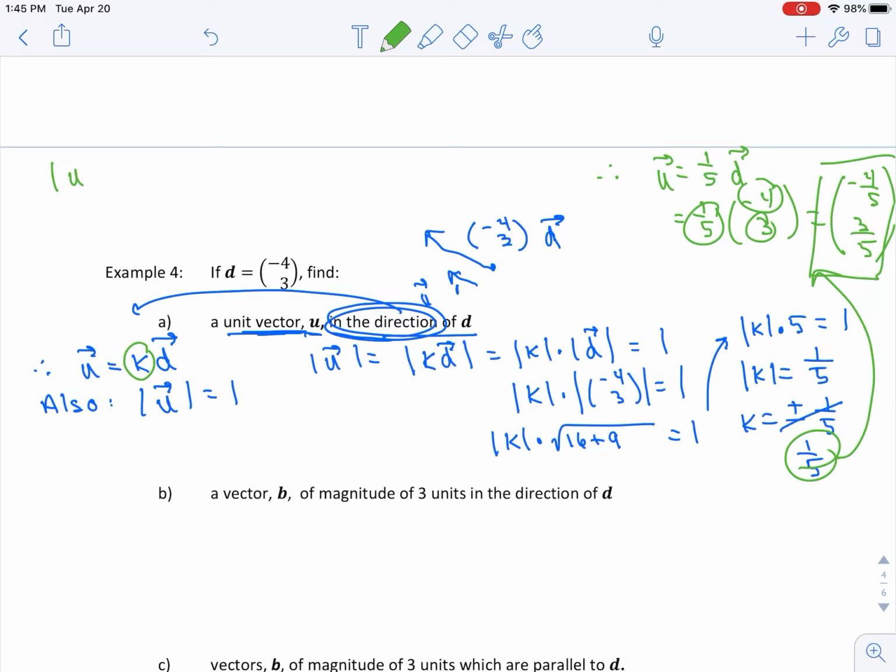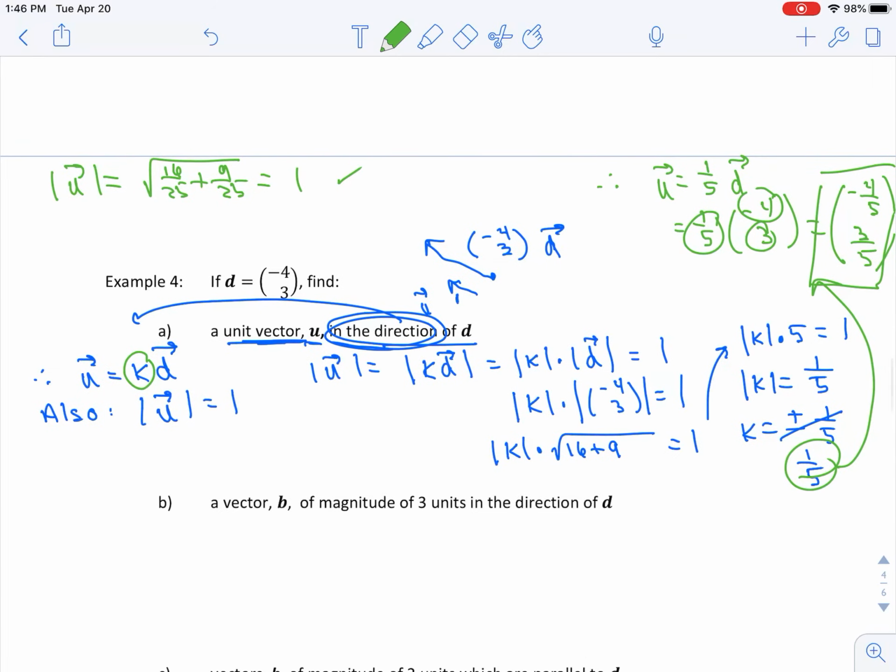The magnitude of u then is going to be the square root of -4/5 squared is 16/25, and 3/5 squared is 9/25. So that's the square root of 25/25, which is the square root of 1, which is 1. So it is a unit vector. And because k is positive, because it's 1/5, we know that it's going in the same direction as vector d.